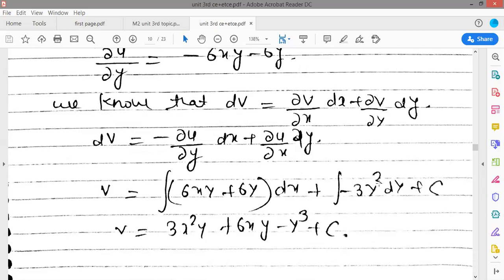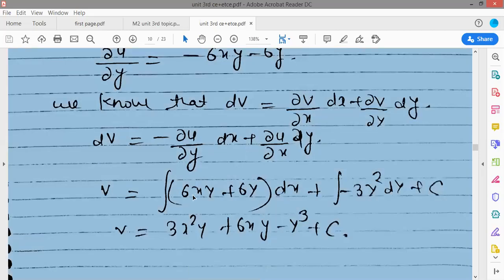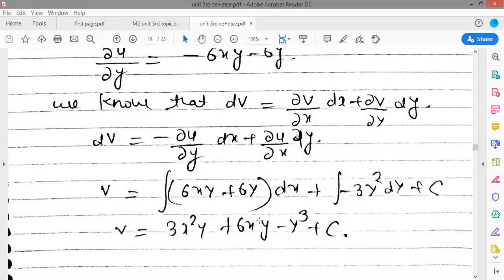Now just integrate on both sides. So the integral of dv is v, and 6y integration is with respect to x. So the integration of x will be x square by 2, so 3x square y, plus the integration of x dx, x, and minus y cube, since the integration of y square is y cube upon 3. So 3 cancels out. So this is your v.